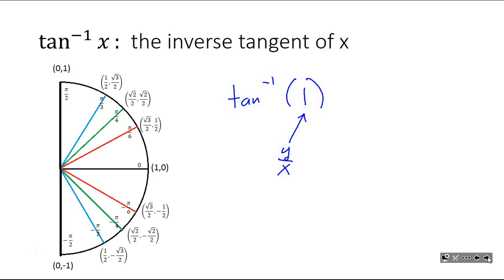Well, in order to get a 1, the x and the y values would have to be identical. Oh, there they are at square root of 2 over 2, comma, square root of 2 over 2. So the angle that corresponds to this would be the angle pi over 4. I want you to notice we're close down here, but the ratio there would give a negative 1.